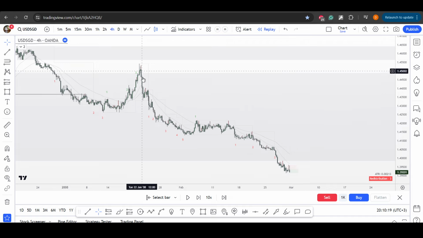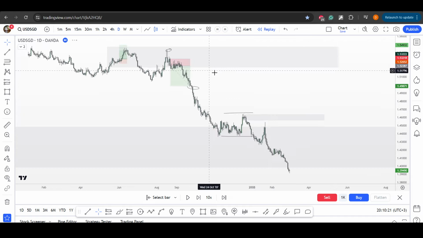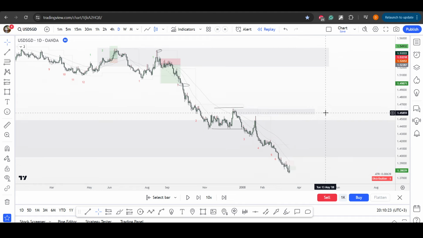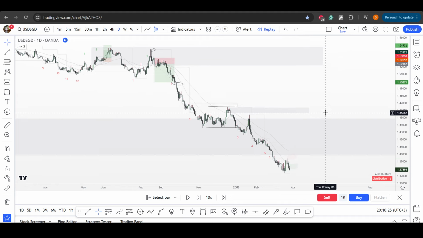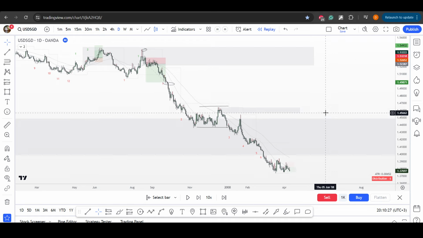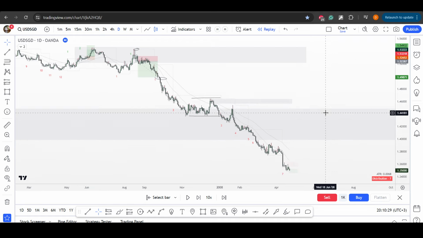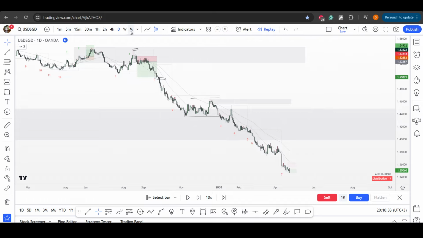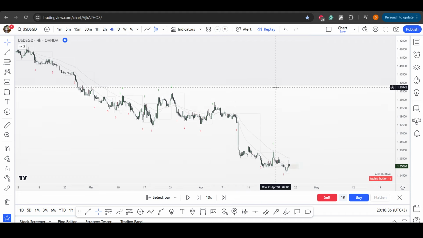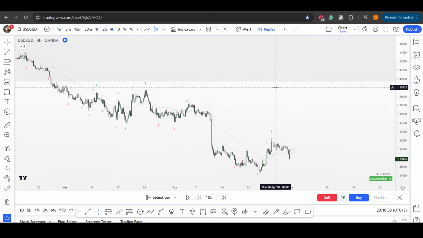Okay, so it would hit, actually it would hit take profit. Okay, so we just continue to fall and fall and fall. I want to see some kind of a pullback.